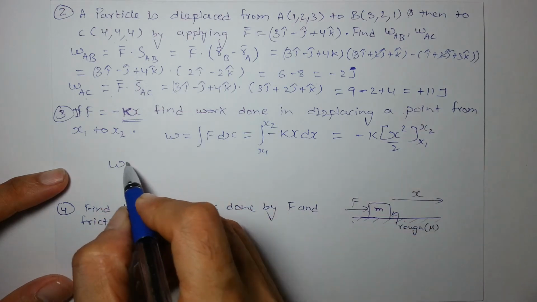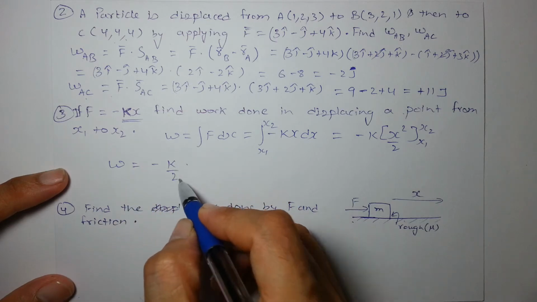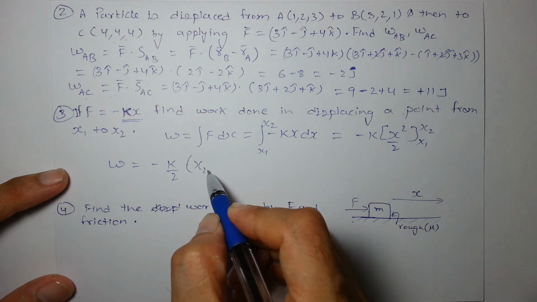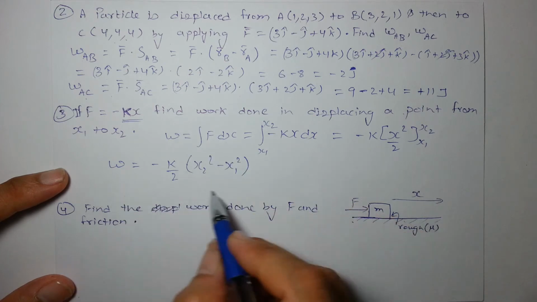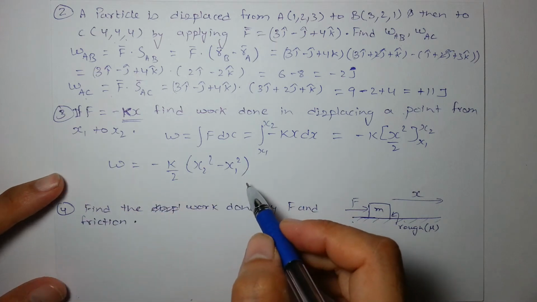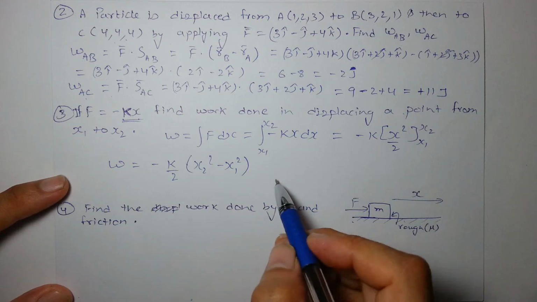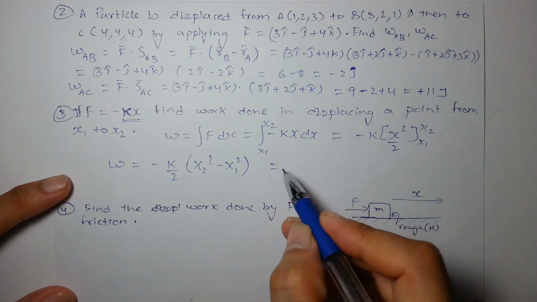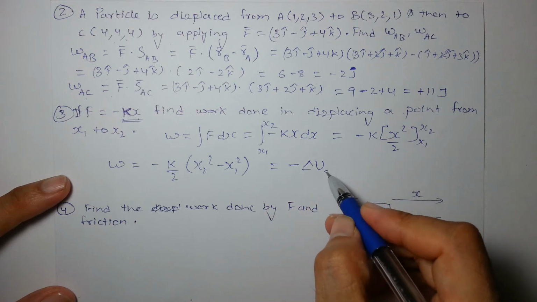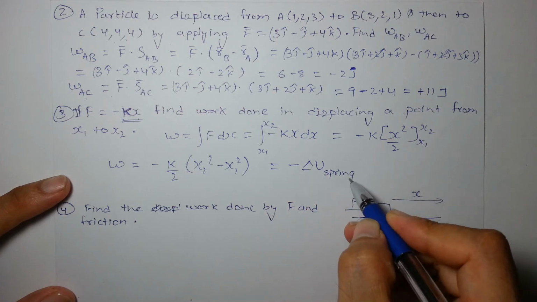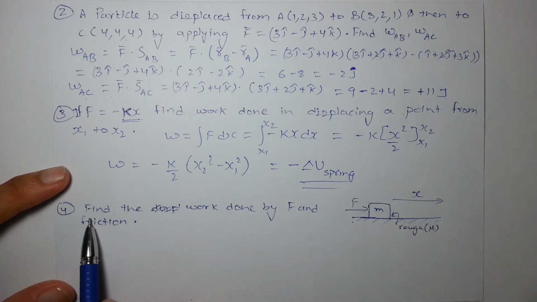We will get W is equal to minus k by 2 times (x2 square minus x1 square). This is nothing but potential energy stored in a spring, because spring force is given by minus kx. We'll talk about it later. For the time being, we can say this is nothing but minus delta U of spring. We'll discuss this point in the video of potential energy.